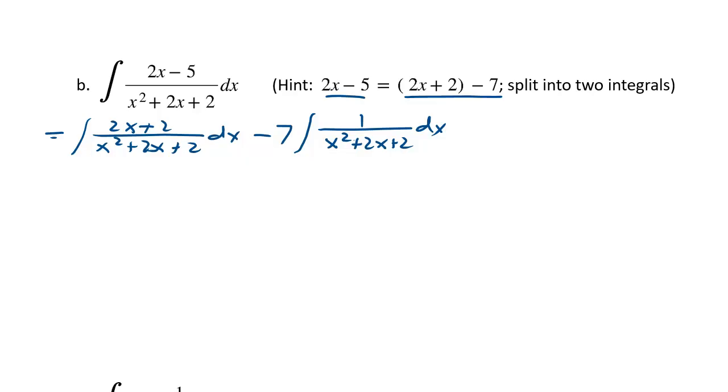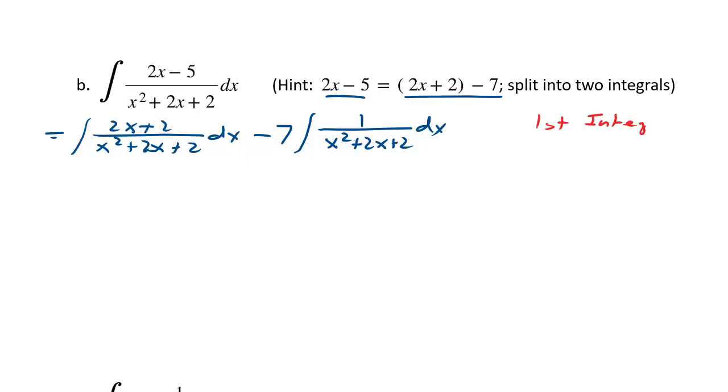The reason that hint was given: if you look at that first integral, you'll notice that the top is the derivative of the bottom. So let's deal with this in two different integrals.